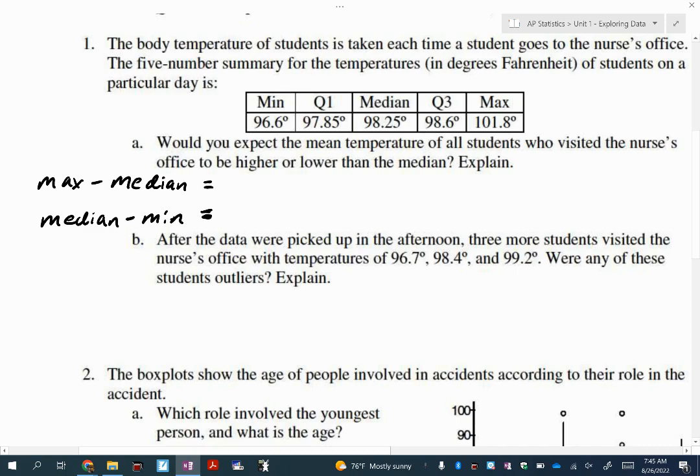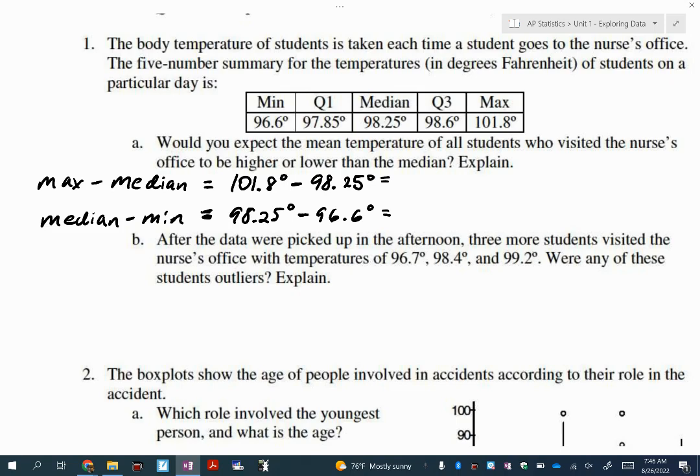In this case, I'm going to do 101.8 degrees minus 98.25 degrees, and then the same idea, but find the distance from the median to the lowest number, the minimum. This will give me an idea of which one is closer or which one is farther away, however you want to look at it.